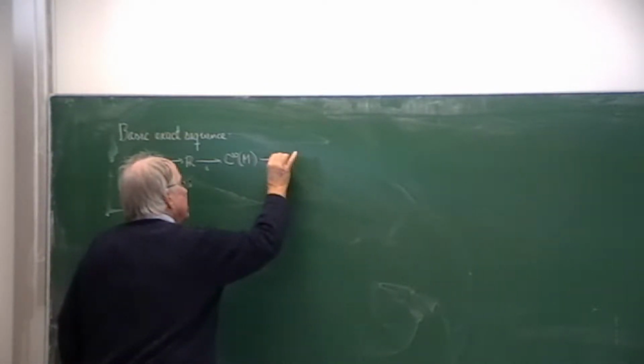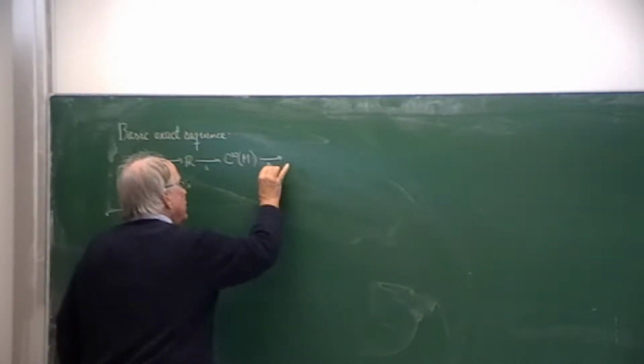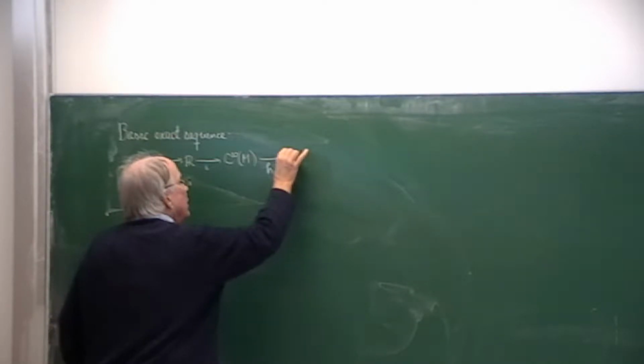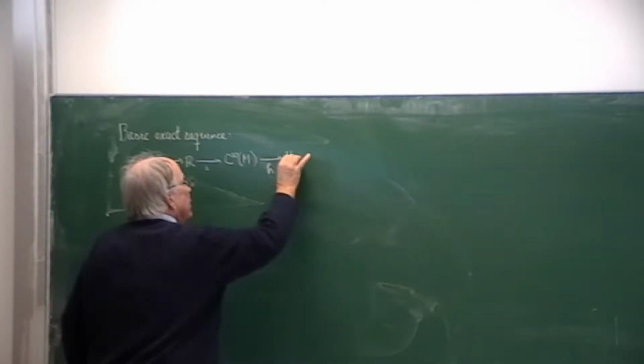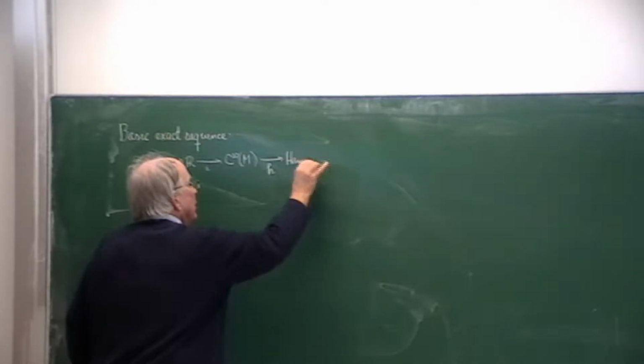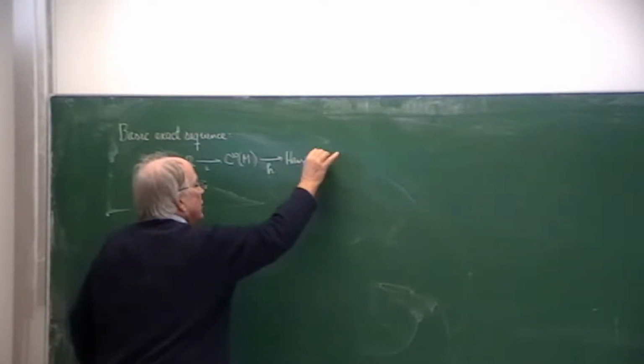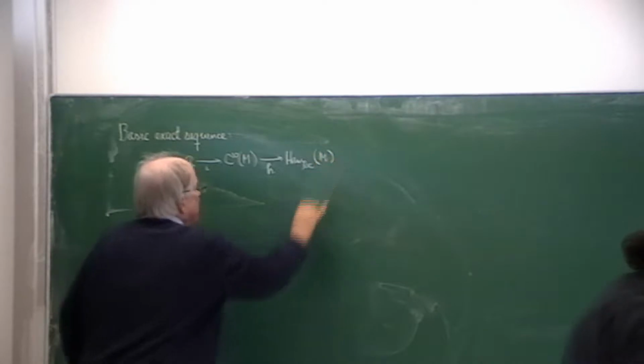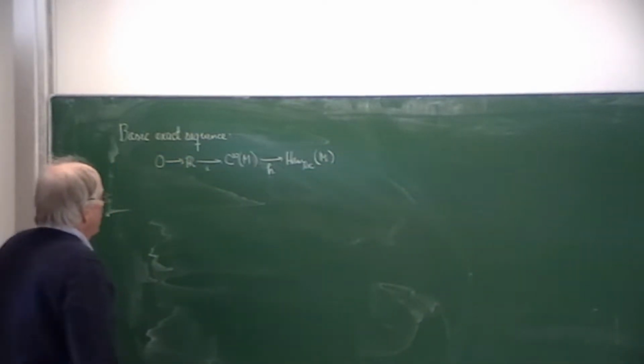And then you have the associated smooth function to a vector field, and what you get here are vector fields which are for sure at least local Hamiltonian.